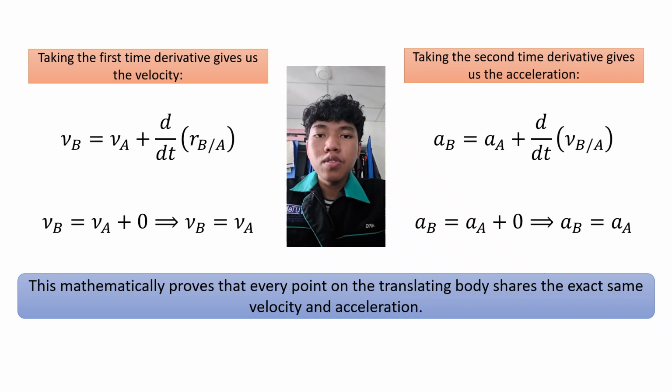Again, adding 0 means AB equals AA plus 0, so AB equals AA. This mathematically proves that every point on the translating body shares the exact same velocity and acceleration.